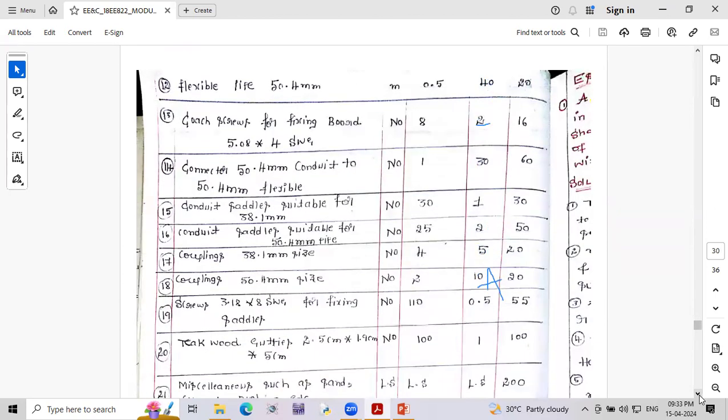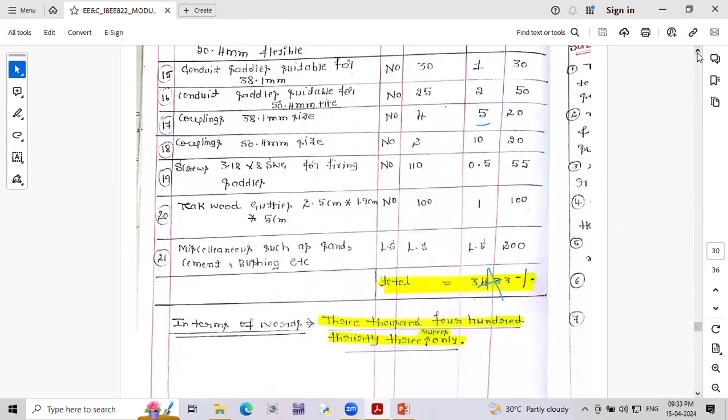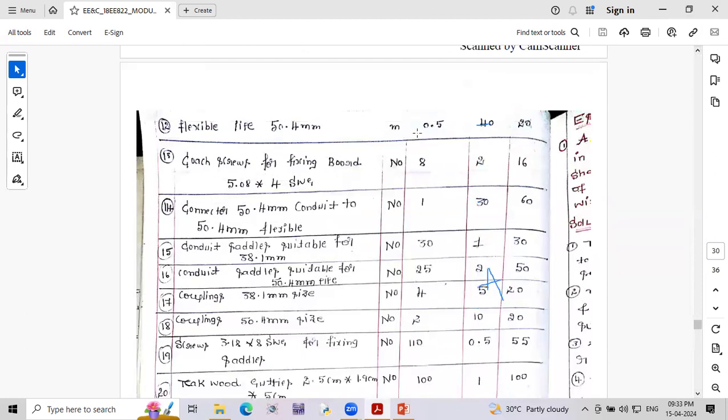And then the 12th component is flexible conduit. Flexible conduit length is 0.5, 40 rupees per meter, so here 20 rupees is enough. Coach screws for fixing boards, 8 numbers are needed, 2 rupees per screw, 8 into 2, 16.